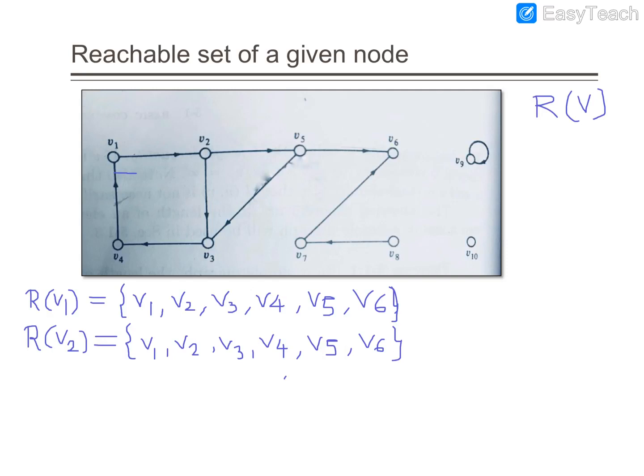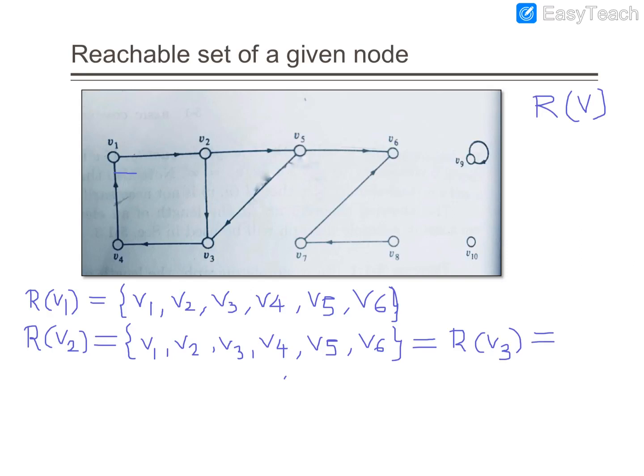Again, the reachable set of V3. V3 is reachable to V4. It is also reachable to V1, V2, V5, V6. Therefore the reachable set of V3 is again V1, V2, V3, V4, V5 and V6.